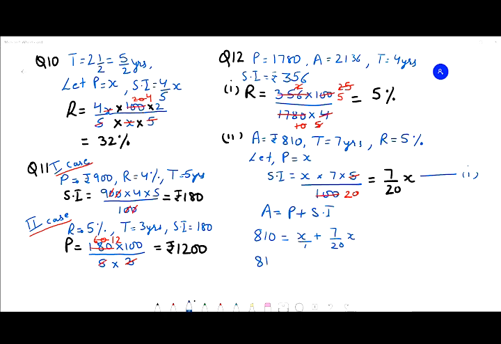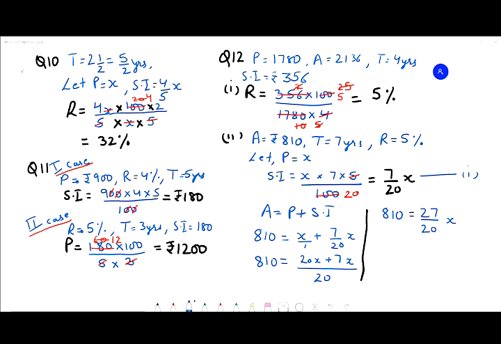So it will be 810 equals to 20x plus 7x over 20. Let's do here itself. So 810 equals to 27 over 20x.